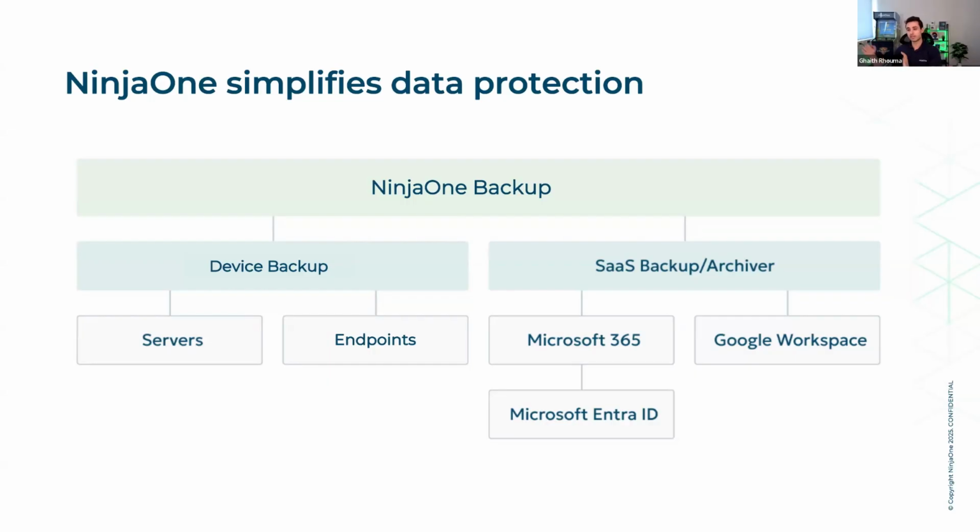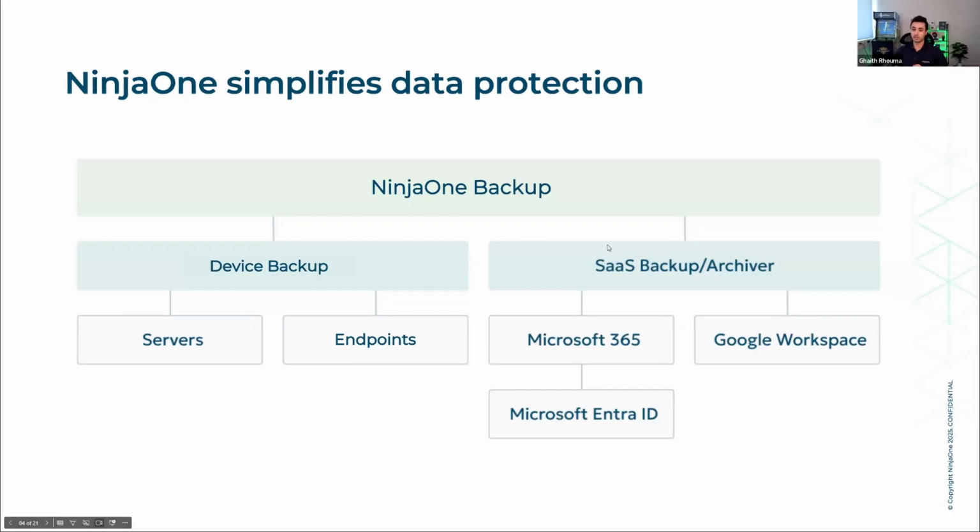And then we have the SaaS side of things. Exactly. So now we're talking about 365 environments. Underneath that, we've also expanded to Entra ID, Microsoft Entra ID objects. We're going to also see that. And also parallel to that, we have Google Workspace, right? So this is the diagram as a whole.